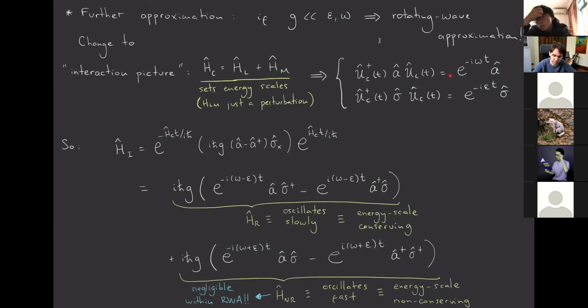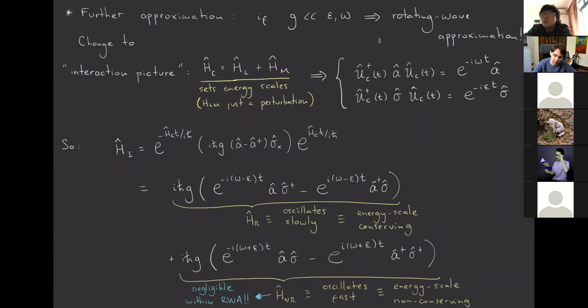They just acquire rotating phases at the optical or atomic frequencies, depending on whether it's an optical or an atomic operator. And then the interaction Hamiltonian can be written in this simple form in which we just take the interaction part and we transform it.